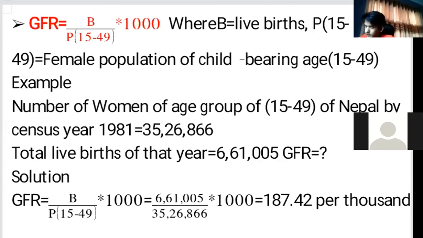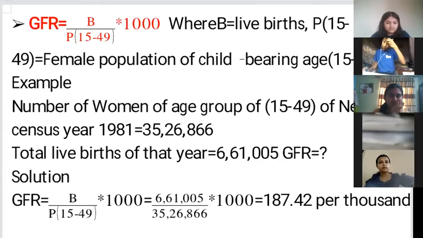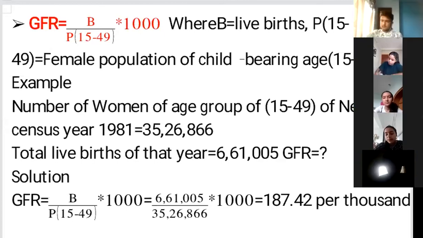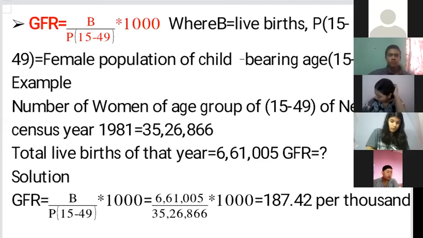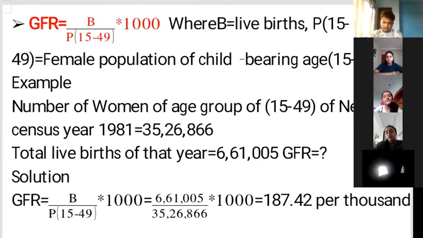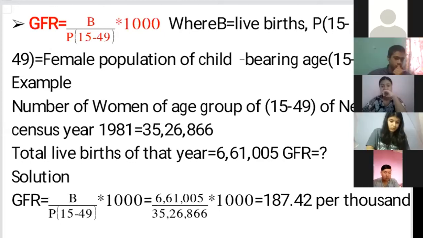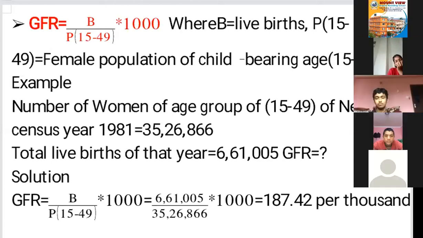Now what is the meaning of P 15 to 49? The meaning of P 15 to 49 is the female population of childbearing age. In the previous class I had already told you that women's fecund capacity, that is the capacity to reproduce a baby, starts from 15 up to age 49. Between the ages of 15 and 49, women have the ability and capacity to reproduce a baby.